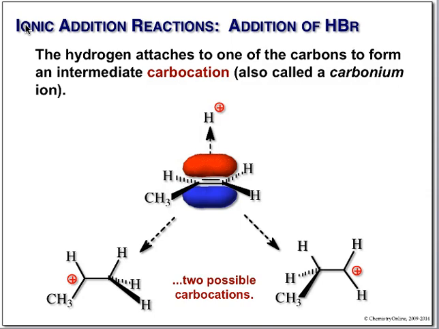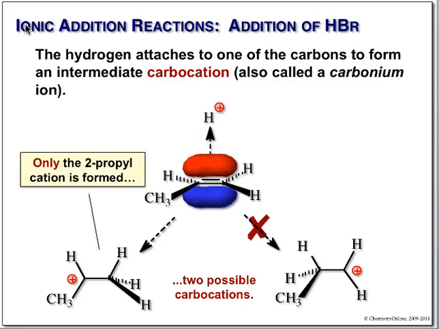Now, we said that this reaction was going to occur in such a way that we were going to get the most stable carbocation. Secondary carbocation is more stable than primary. This pathway is simply not observed.